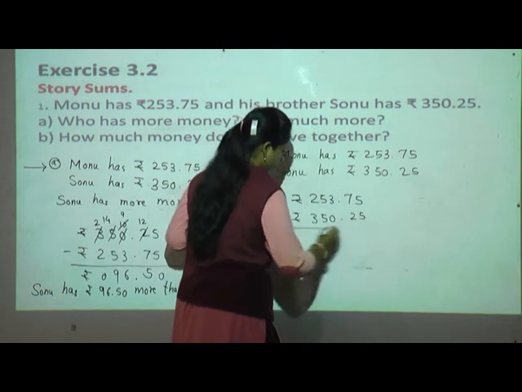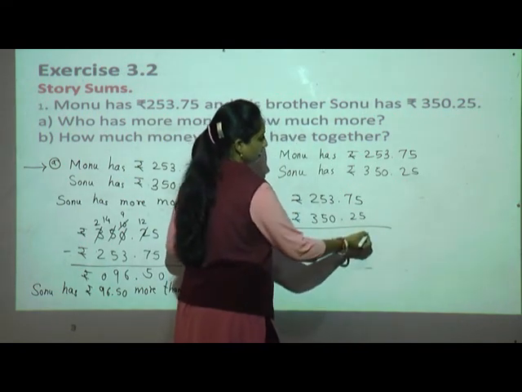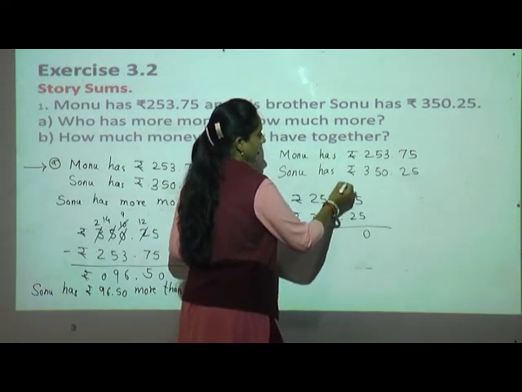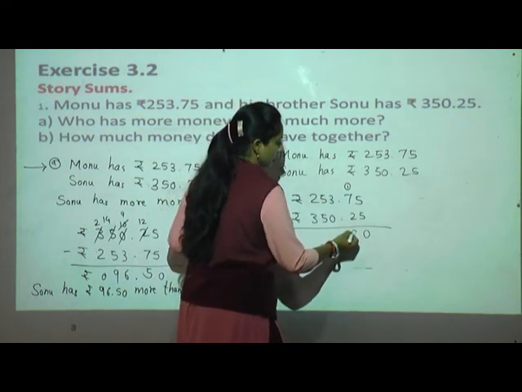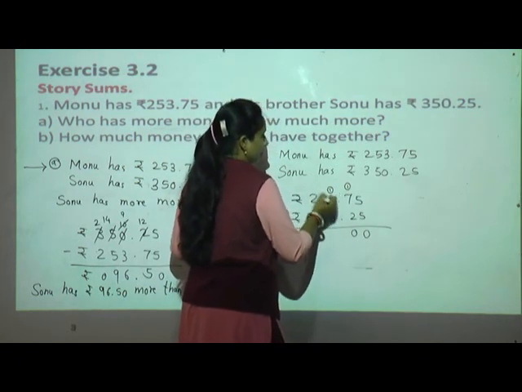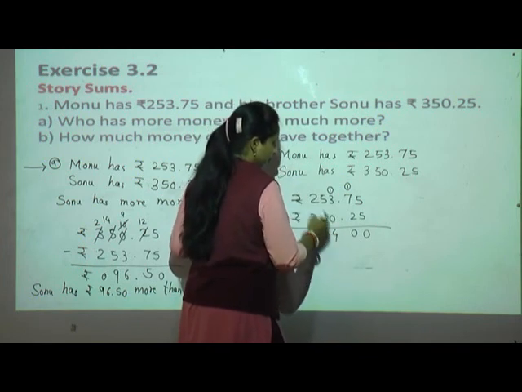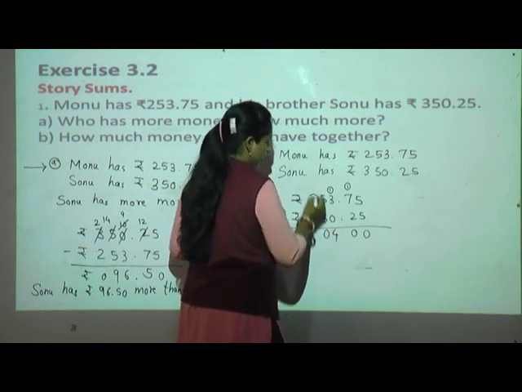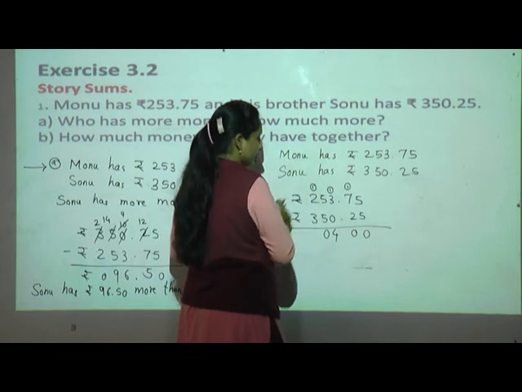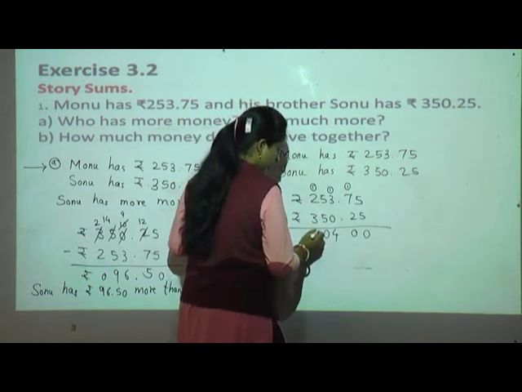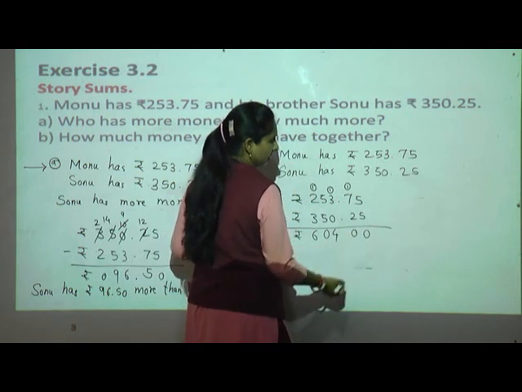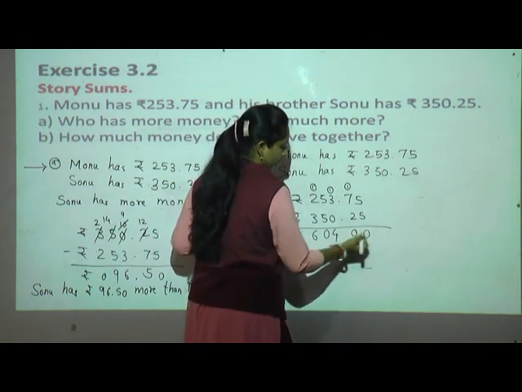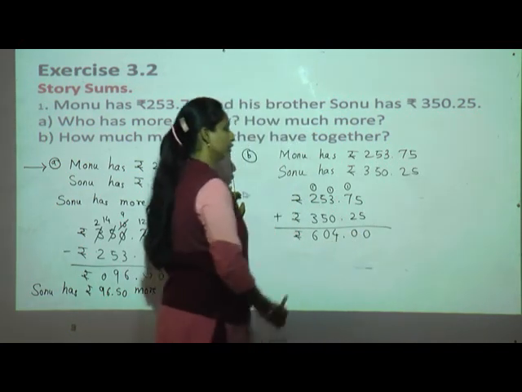Give the addition symbol. 5 plus 5, 10. 0 here, 1 carry. 1 plus 7, 8. 8 plus 2, 10. 1 carry here. 1 plus 3, 4. 5 plus 5, 10. 0 here, 1 carry. 1 plus 2 is 3. 3 plus 3 is 6. Rupees symbol. Then give the decimal point from the right side after 2 digits.